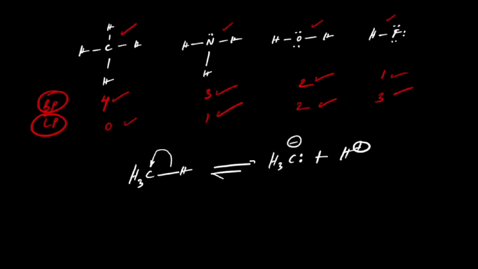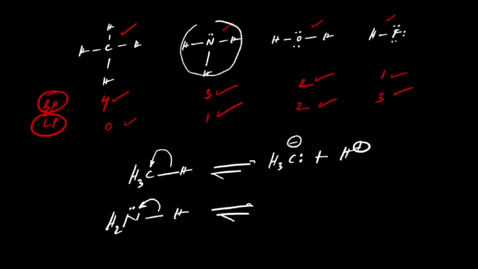Next, NH2H. I'm writing this in a shortcut style because I don't want to draw all the structure. When it acts like an acid, it will grab this bond pair, and what is left? Two lone pairs with negative charge. H2N minus, so this is amide, plus H plus.